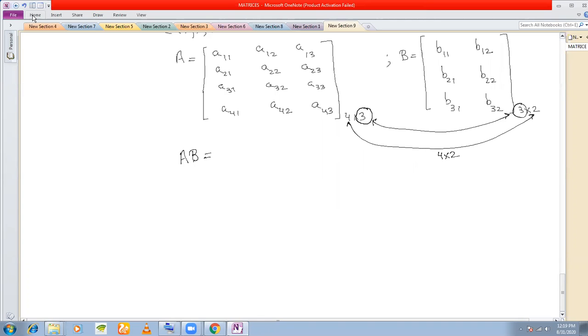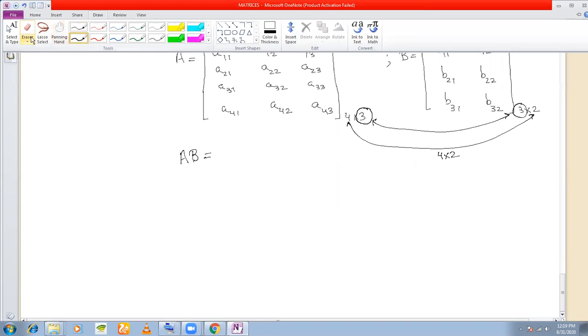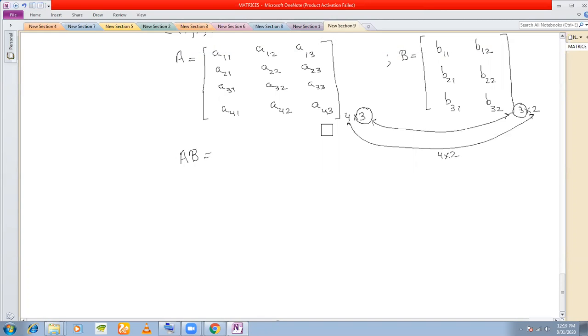So once I know that the matrices can be multiplied and I know the order of the product, I will proceed with the multiplication. You have done matrix multiplication with 2 by 2 square matrices.